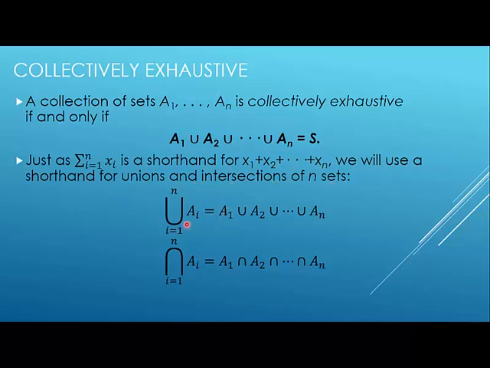So here, the big union from i equal to 1 to n of Ai shows that we are taking the union of all the sets A1, A2 up to An, and this is the intersection of all the sets of A, represented by the big intersection from i equal to 1 to n of Ai. It means we are taking the intersection of A1, A2 up to An.